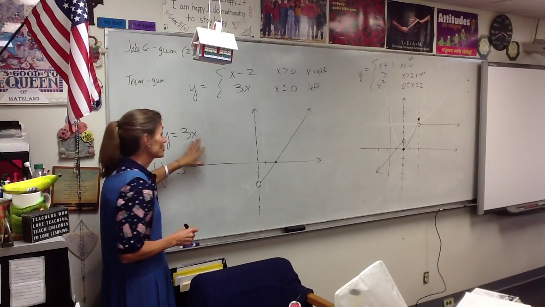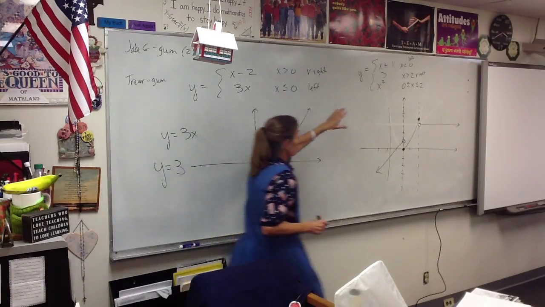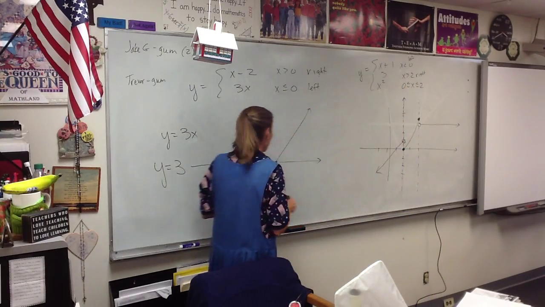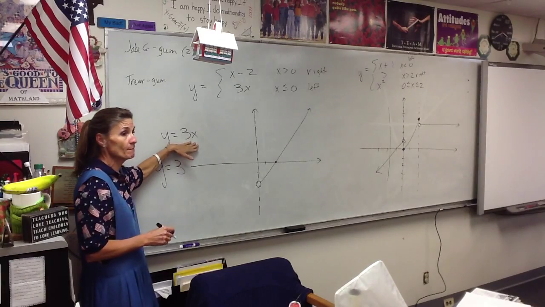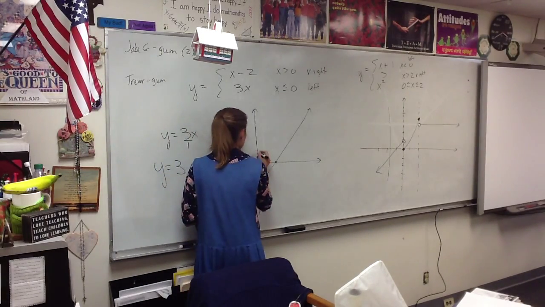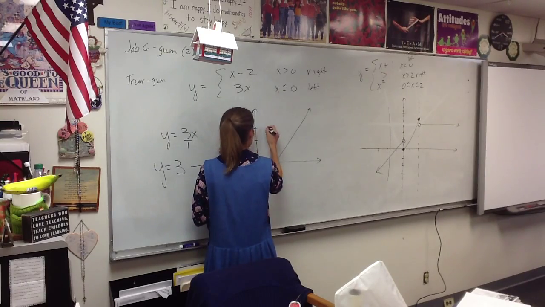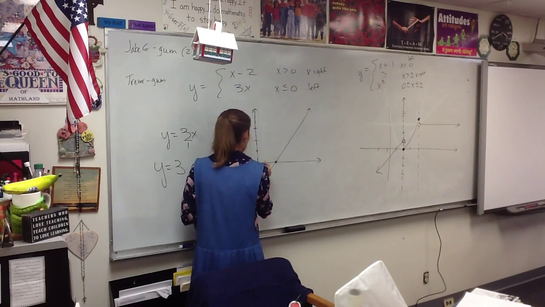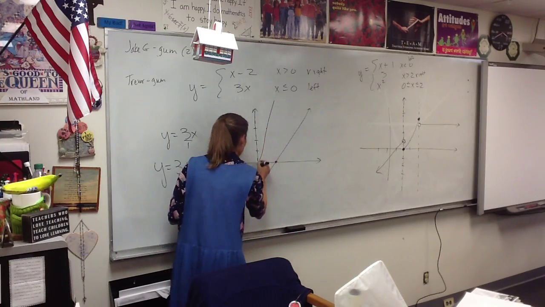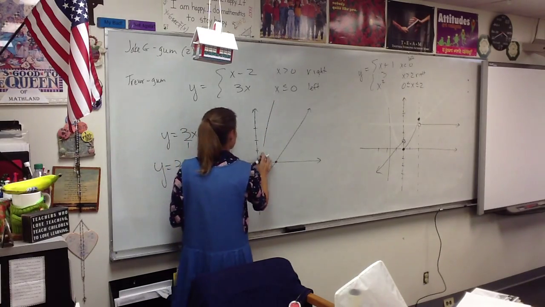So the other one we had was a plain 3. As soon as you put an x in, it's diagonal. What's the slope of this line? 3 over 1. So we're going to start at the origin, count up 3 and over 1, down 3 and over 1. So this is a very steep line that is supposed to be straight.